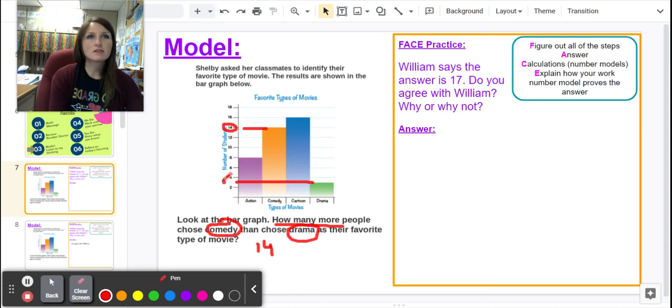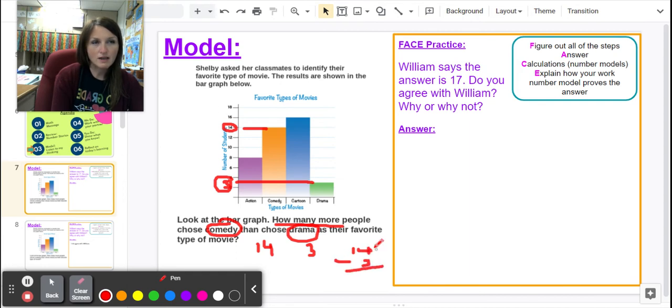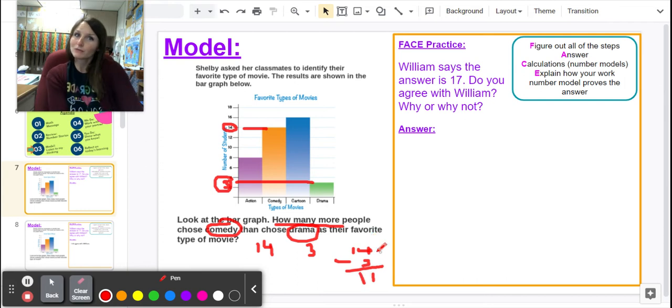So this is 3. They were trying to trick me to see if I would pick 2 or 4, but I didn't get tricked. So I know this one's 3. How many more means subtract, so I'm going to subtract 14 minus 3. 4 minus 3 is 1, and 1 minus nothing is 1, so the answer is 11. Great. Don't forget to check those things.